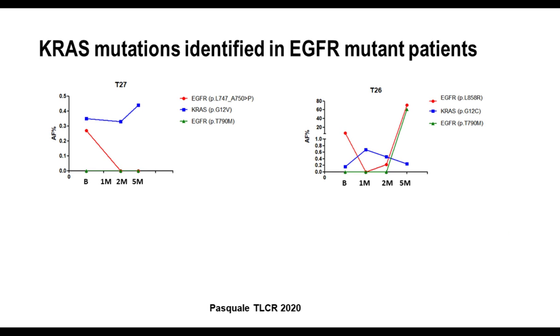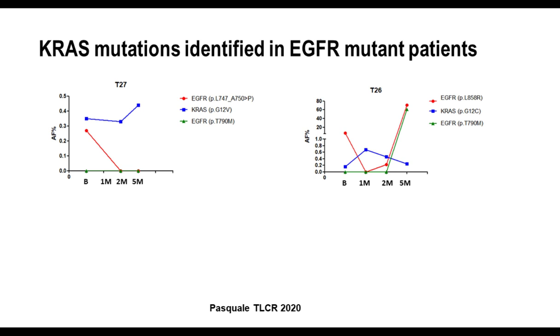Let's go back to the 2 cases in our study in which we identified KRAS mutation in EGFR mutant cases. Let's start with the first case on the left. As you can see, the dynamics of the KRAS mutation and EGFR mutation were completely different in patients on EGFR TKI, and the levels of EGFR mutation were significantly dropping, whereas the levels of the KRAS mutation were quite constant over time.